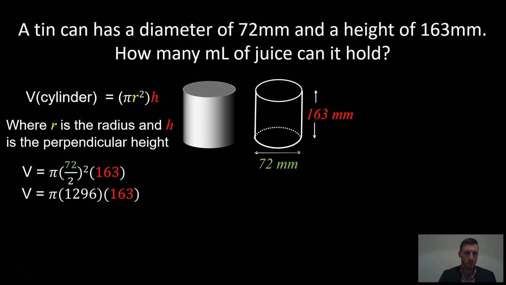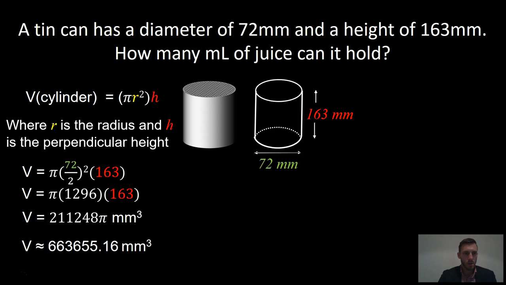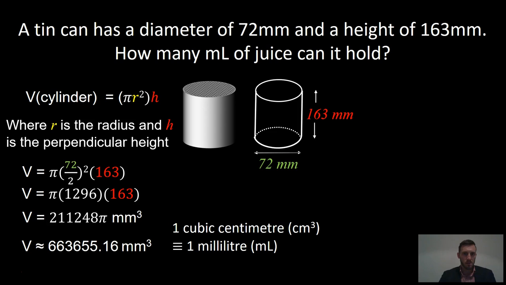So we square our 72 on 2 and we multiply 1296 by 163 and we get 211,248 pi millimeters cubed, or 663,655.16 millimeters cubed.